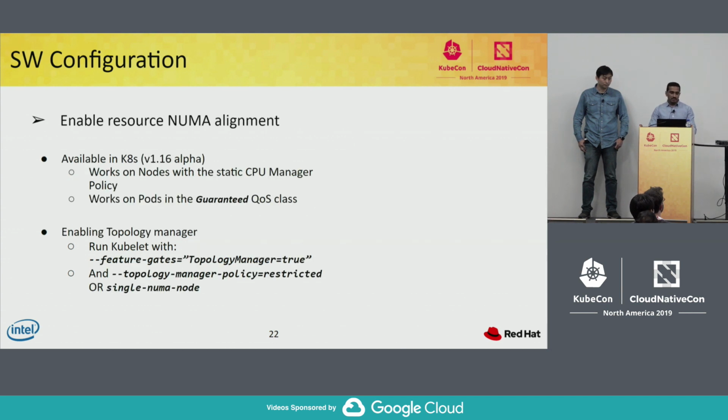And for NUMA alignment, we have the topology manager, which is now part of v1.16 as an alpha feature. What the topology manager does is ensure that your CPUs, memories, and devices are all aligned with the same NUMA socket.